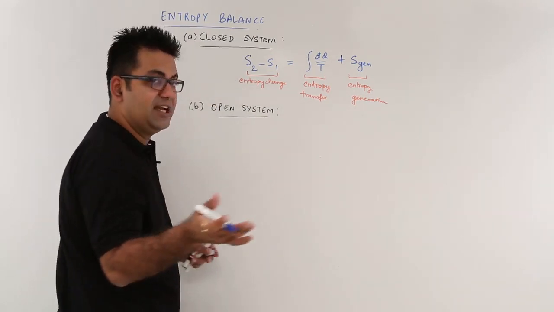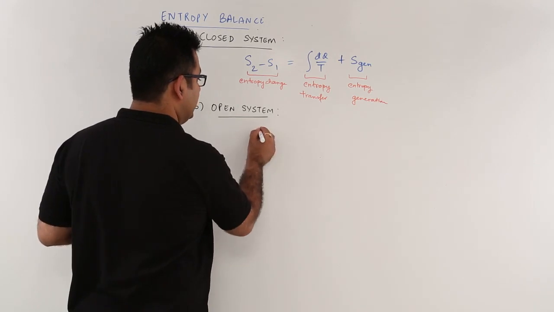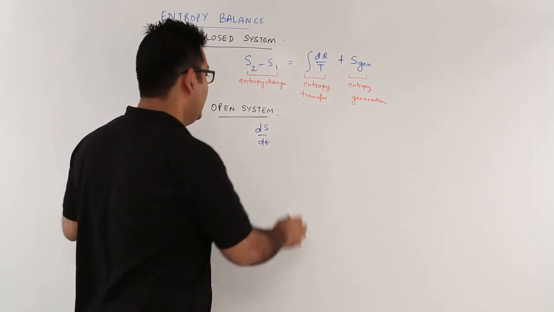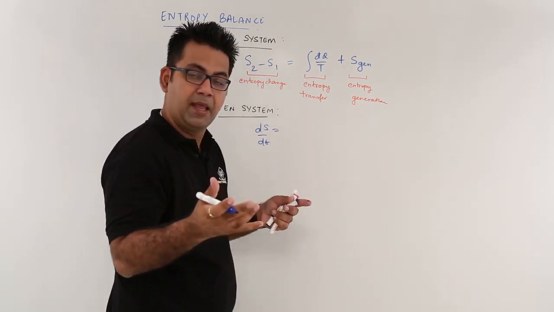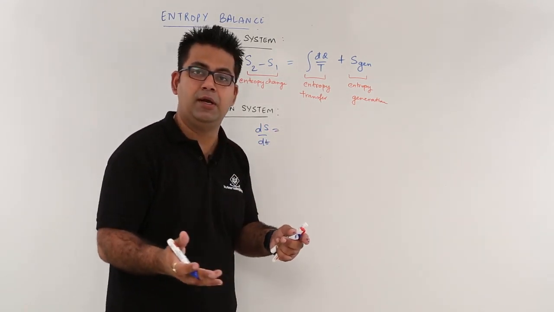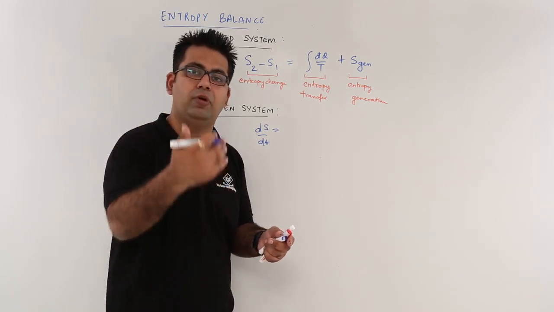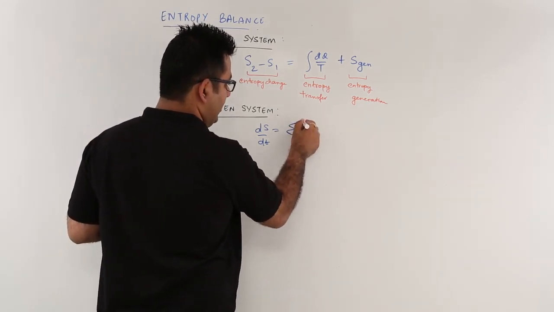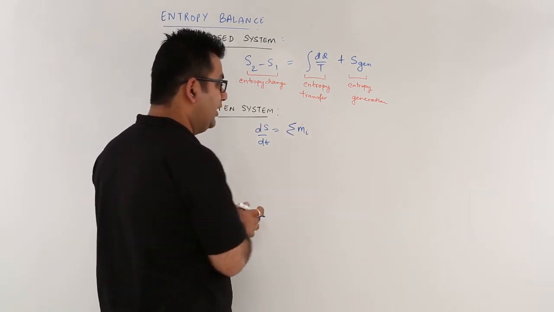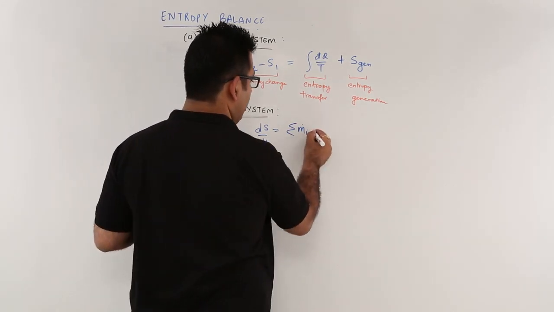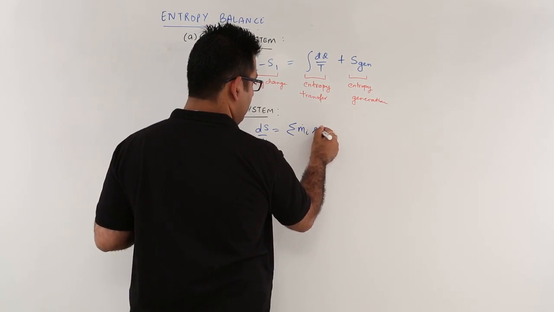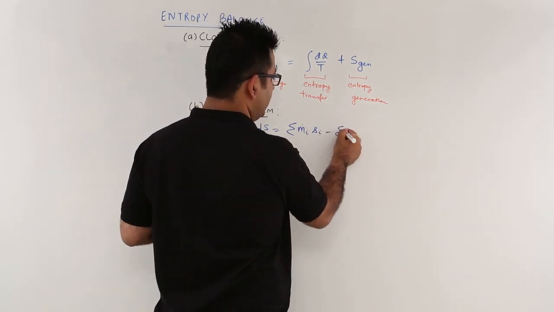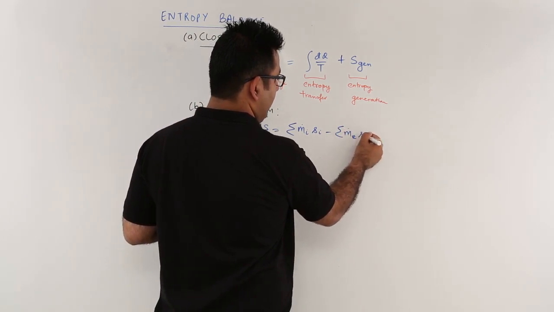So the rate of change of entropy, that is dS by dt, is a sum of the net entropy transfer due to the mass inflow and outflow. So you will have the mass inflow rate, you can have multiple streams coming in, into the entropy that comes in with it, minus ME into SE.